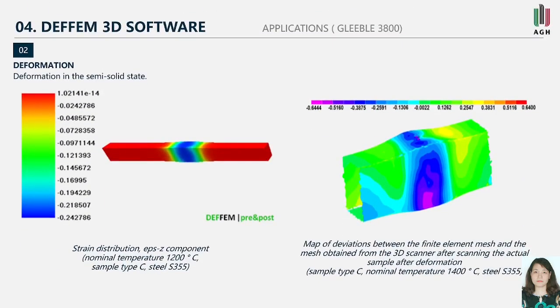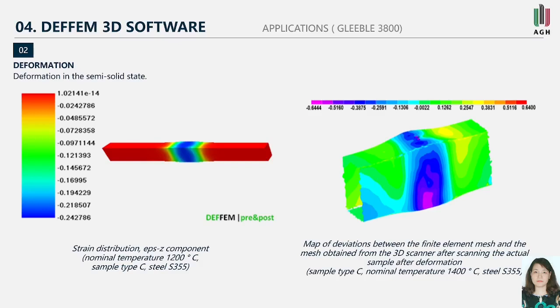The second example is the possibility of supporting steel deformation in the semi-solid state in the global equipment. On the left side, strain distribution is presented for a sample deformed at 1200 degrees Celsius. We can see max strain occurs in the sample core, which is the area of maximum temperature values.